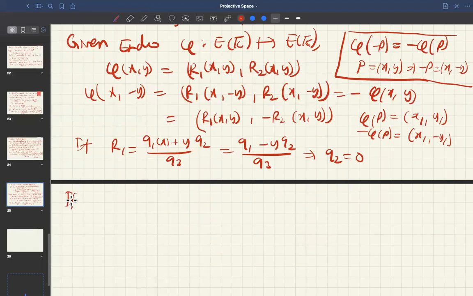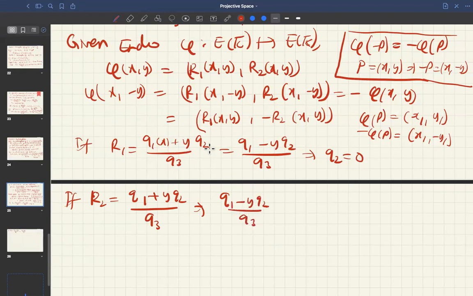And if I write R2 in this form, abusing notation a bit, then R2 of (x, minus y), which is Q1 minus y Q2 by Q3, has to be equal to minus of Q1 plus y Q2 by Q3, which implies that Q1 is 0.